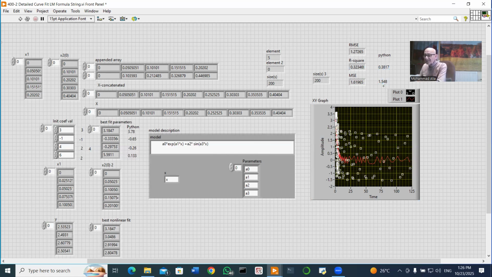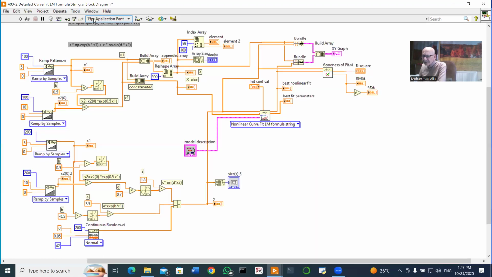But also, really, the R and MSE values could be improved here by changing the level of the noise. In real life, of course, if there is a high level of noise, you have to decrease it.